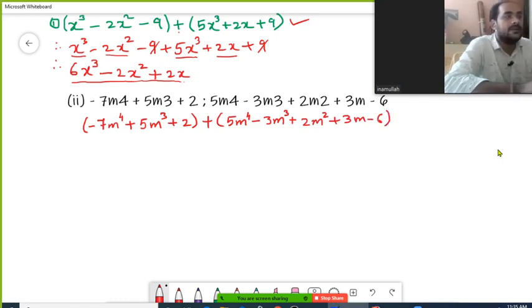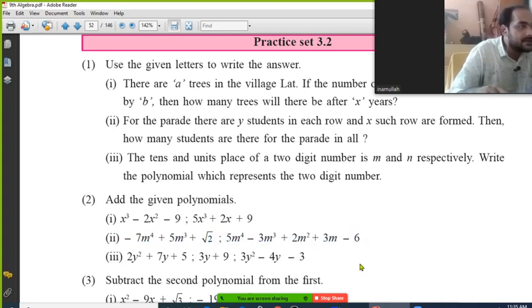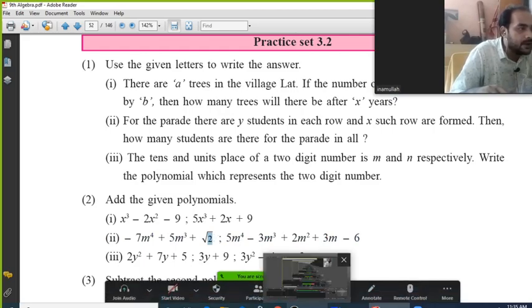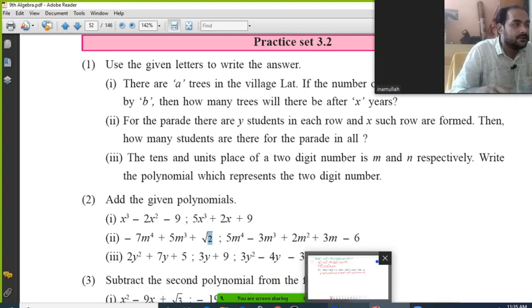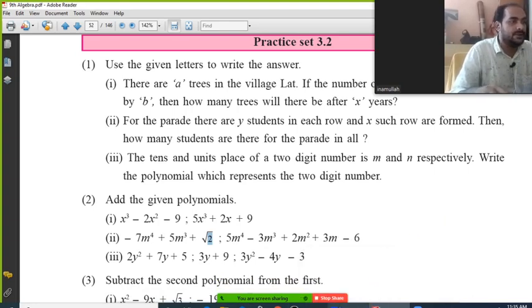So these are two given polynomials which we need to add, but I think there is some difference. Here we have root 2 also. In the first one, this is root 2, and the root sign is not there in our original question. So let us place this root 2 in the question.